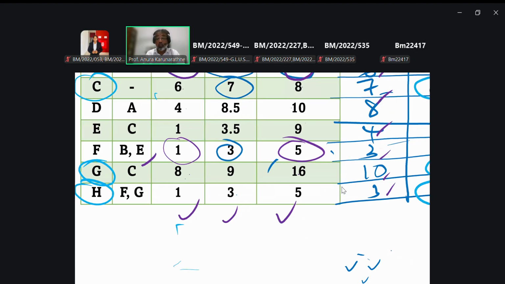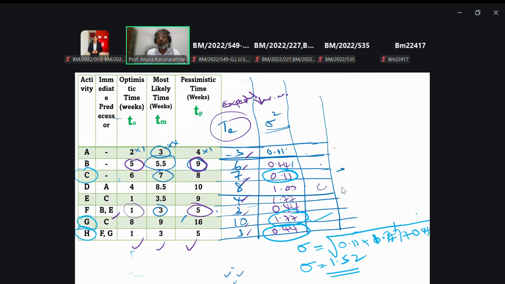Then again you have to draw a separate curve like this. This is the x-axis, this is the z-axis. Mu remains the same, 20.